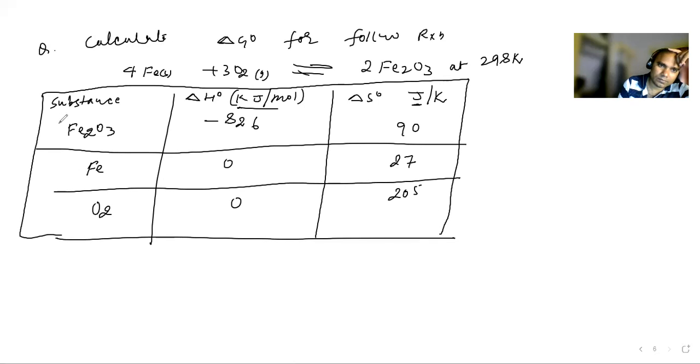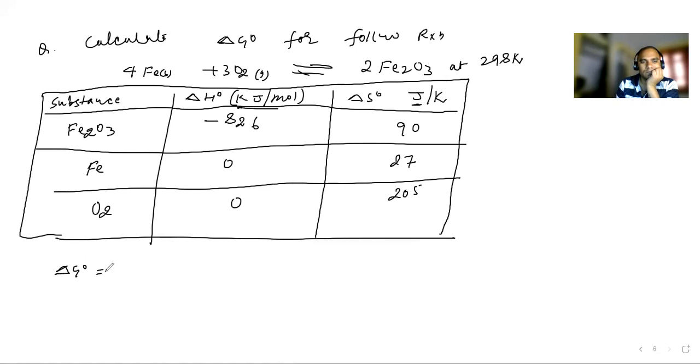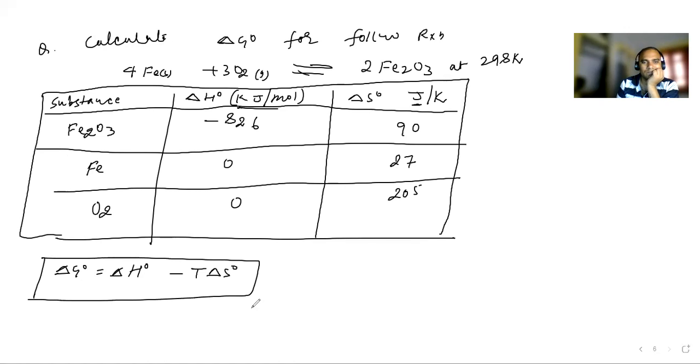So calculate delta G for this. How can you do it? First, I know the equation: delta G is equal to delta H minus T delta S. By that I can find the G value of Fe2O3, but directly you cannot calculate it in a single step.